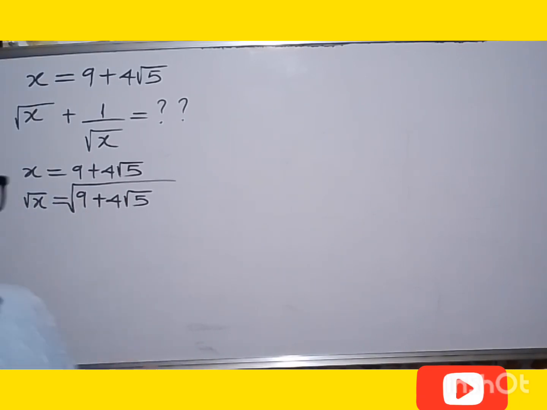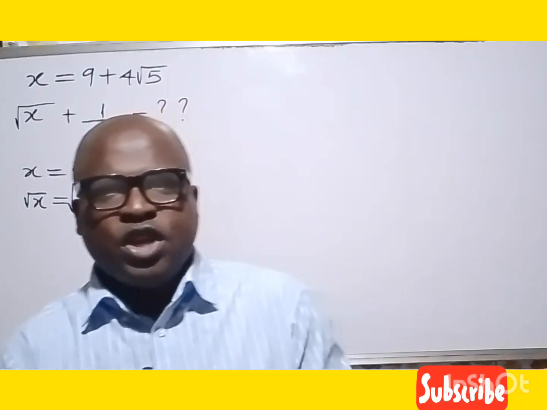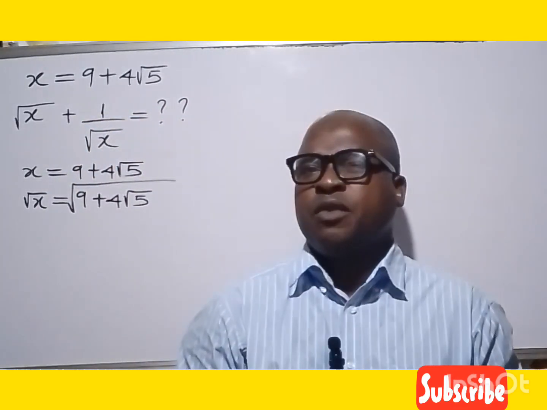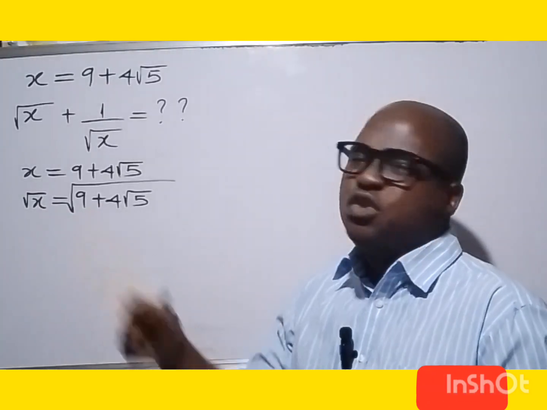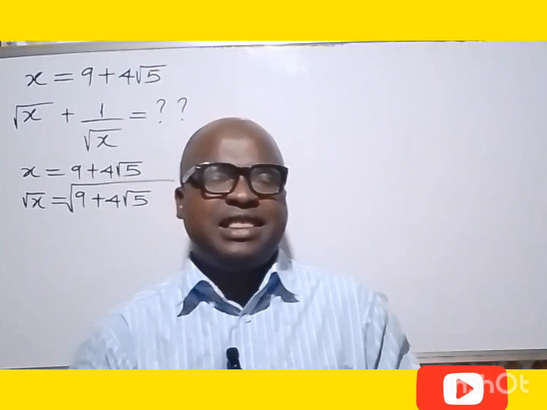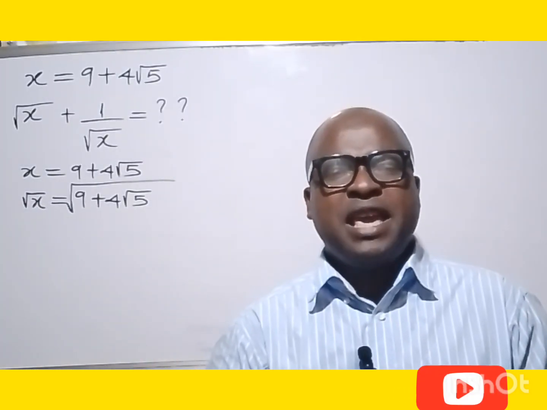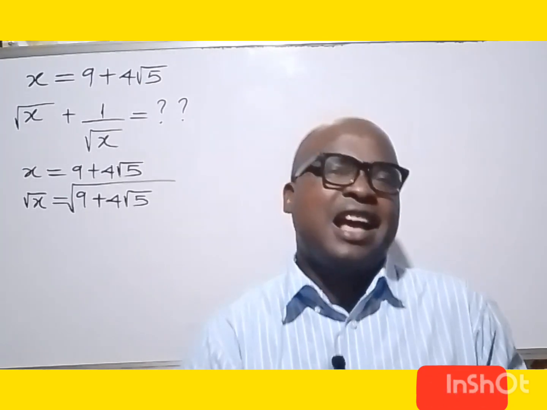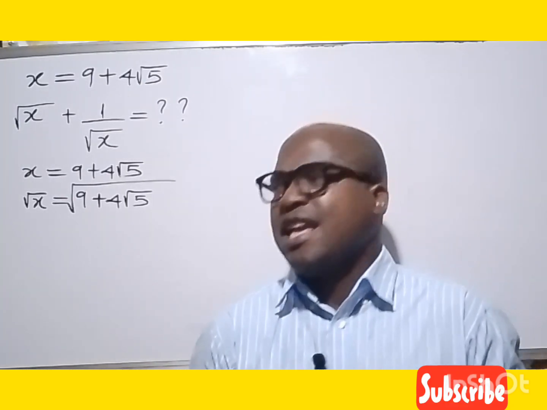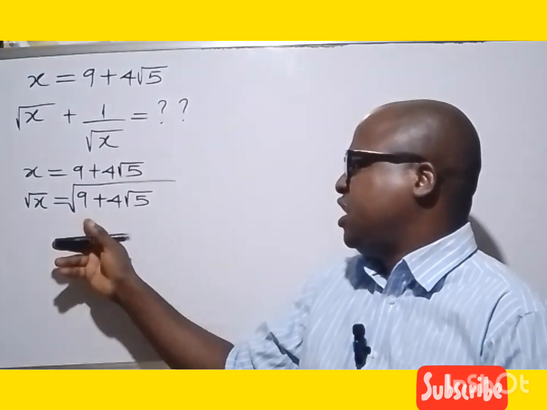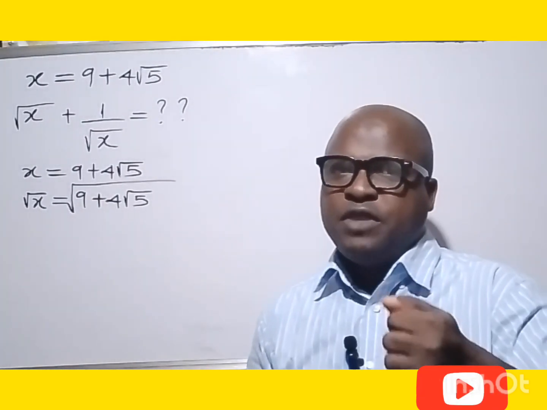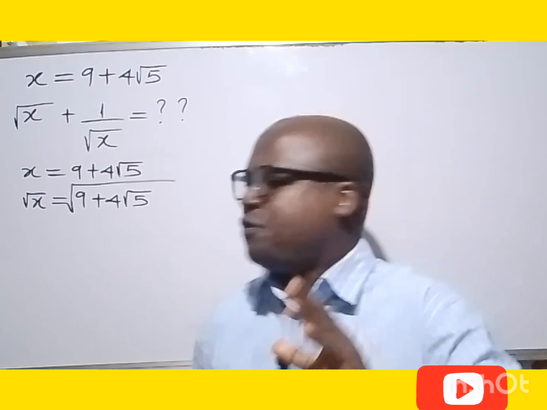Whenever you are solving a question on surds, we need to simplify the term. Like this 9, we are going to simplify it in such a way that we have a perfect square and a non-perfect square. As in, we are going to look for two numbers that will be added together to give us this 9, and one of the two numbers must be a perfect square.